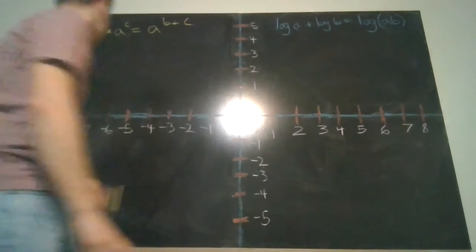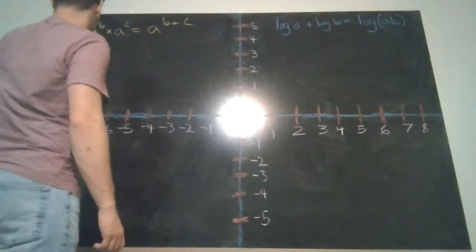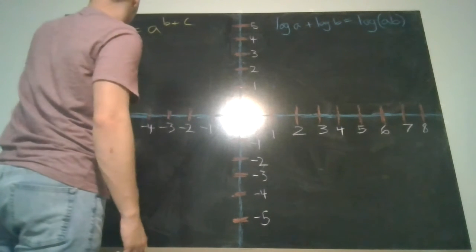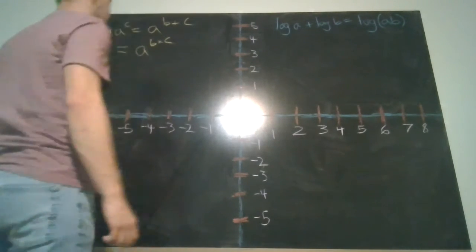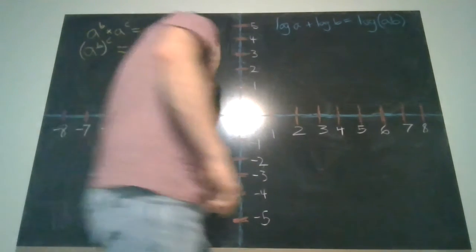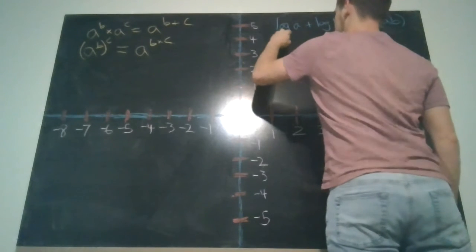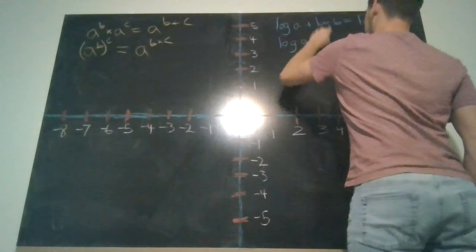Exponents have the property that a to the b raised to the c equals a to the b times c. Logarithms have the opposite property.